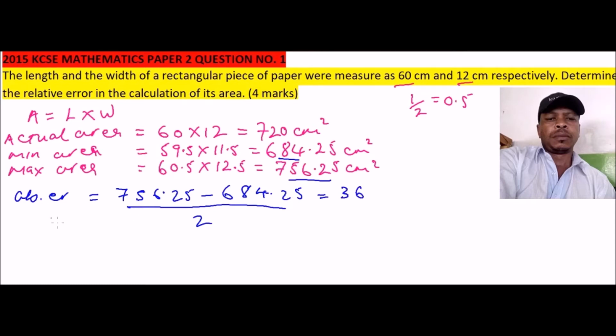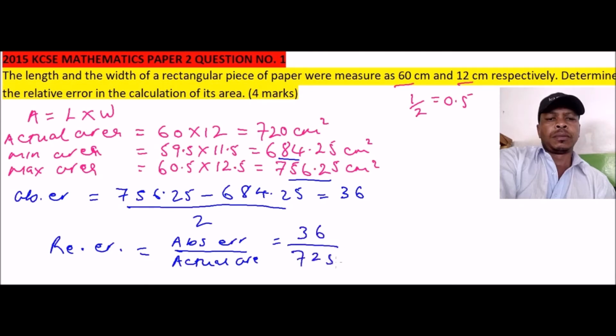So relative error inakuanga absolute error divide by actual area, and that equals to, itakupatia, tumepata absolute error ni 36, you divide by the actual area is 720, na hii inatupatia 0.05.